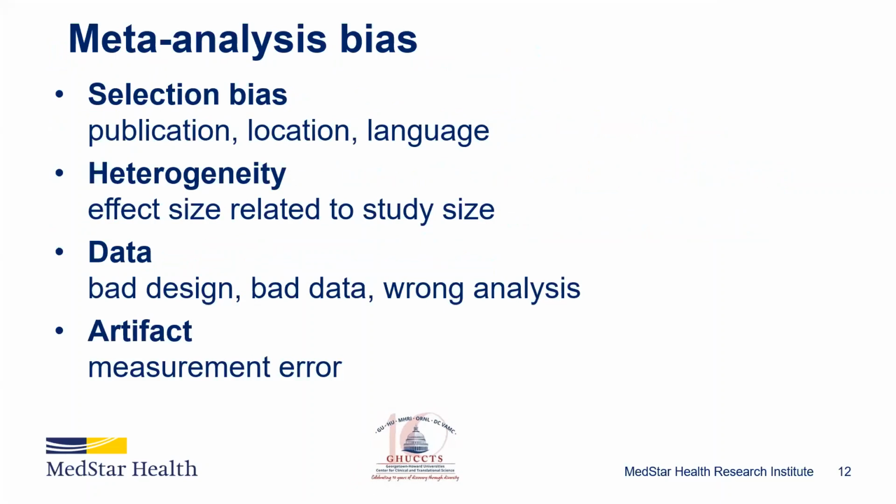So in terms of bias, probably the main one is selection bias. In other words, you get a large list of publications that apply to your study question, but you may not get all the publications, or you may not get all the studies that were done, because some studies don't get published, particularly negative studies that don't show any difference between, say, treatments or therapies.